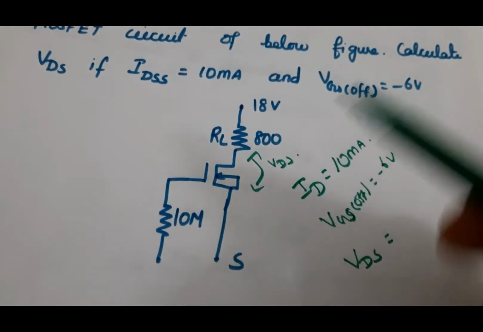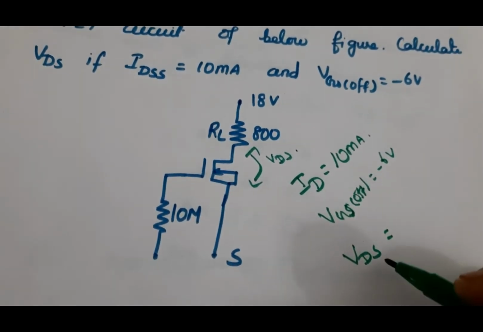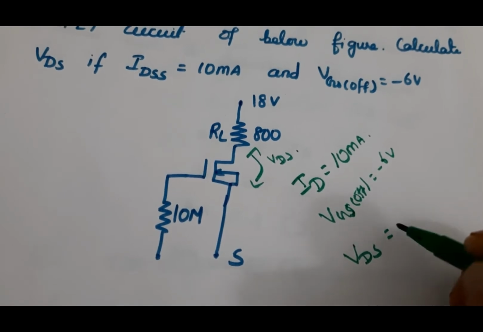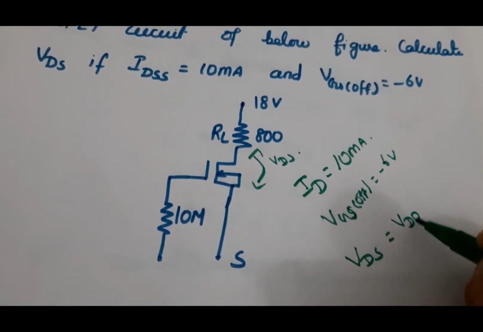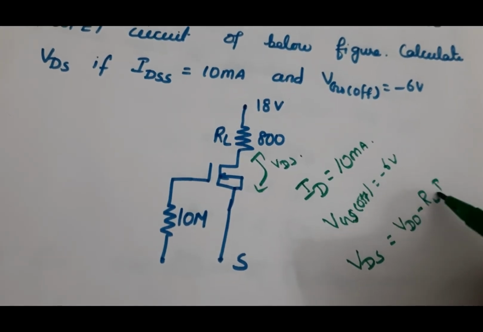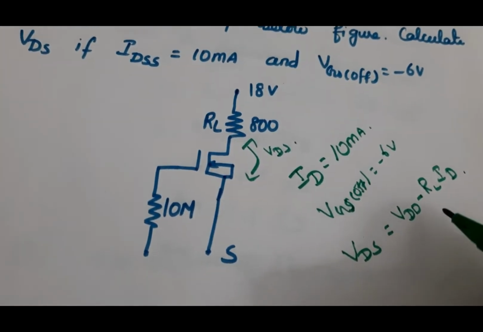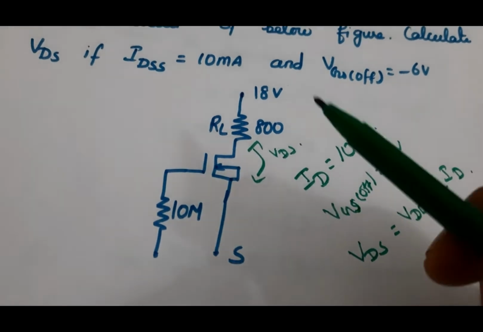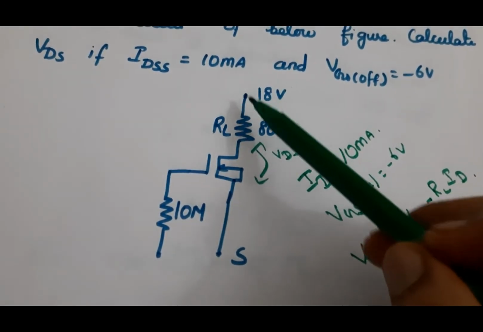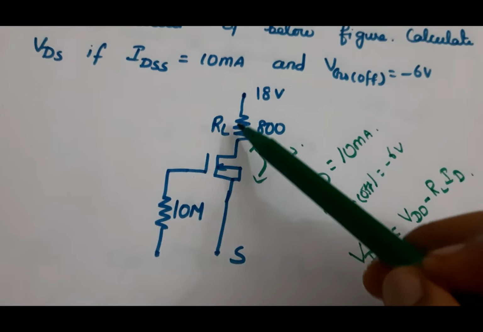So consider this loop, to find VDS, that is equal to VDD minus RL ID. So this is the equation considering this loop, VDD minus RL ID, the voltage drop across this resistor.